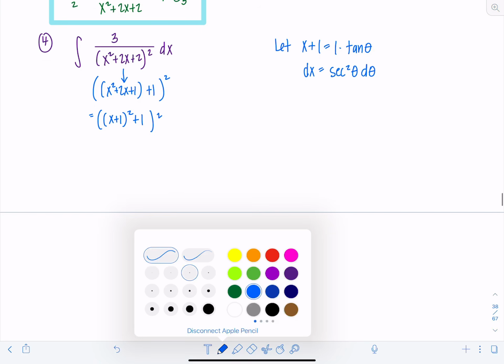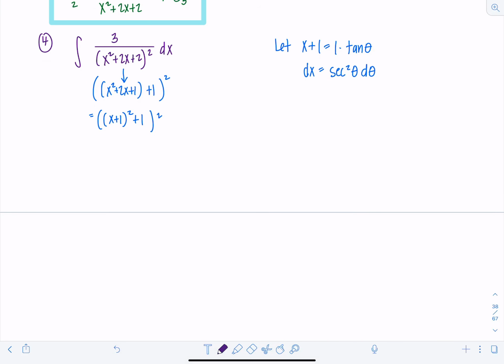Now from here, let's rewrite everything in terms of theta. Let's take the 3 outside. And then dx is secant squared theta d theta. And then in the denominator, I'm going to have tangent squared theta plus 1, all of that squared. Tan squared theta plus 1 squared.